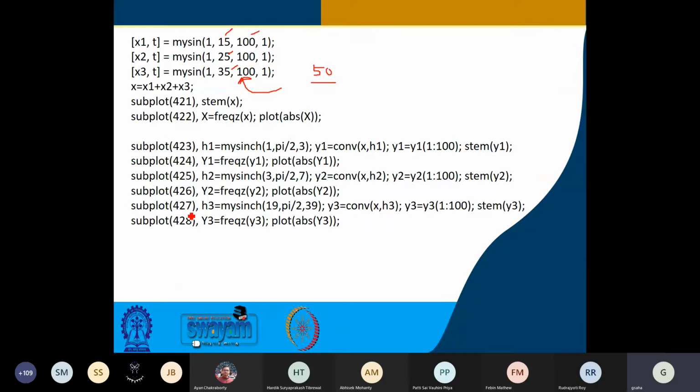So 4 into 2, 8 plots are to be there. In the first set of plots, we expect the time domain representation, or sequence domain representation, against indices n, the composite signal values will be plotted, and then its frequency response will be there.